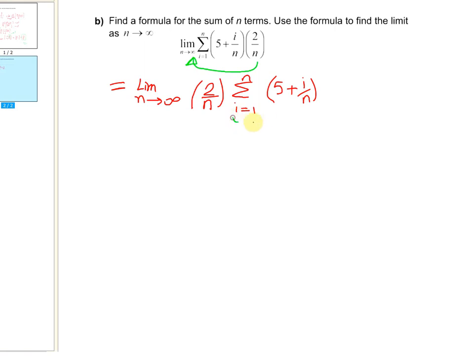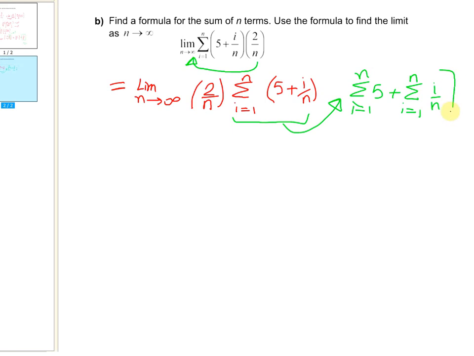This sigma could be written as sigma of 5 from i equals 1 to n plus sigma of i over n, as i changes from the value 1 to n.